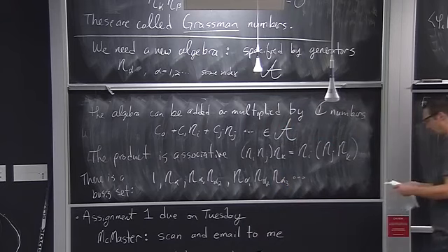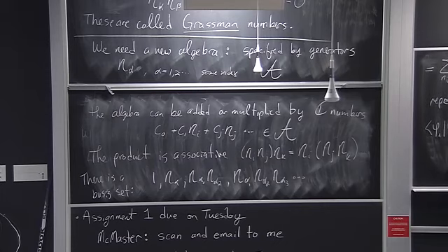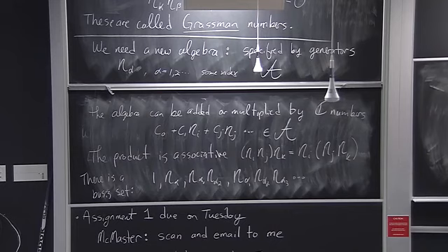Okay, so a Grassmann number is a linear combination of all these elements in the basis set multiplied by a complex number.